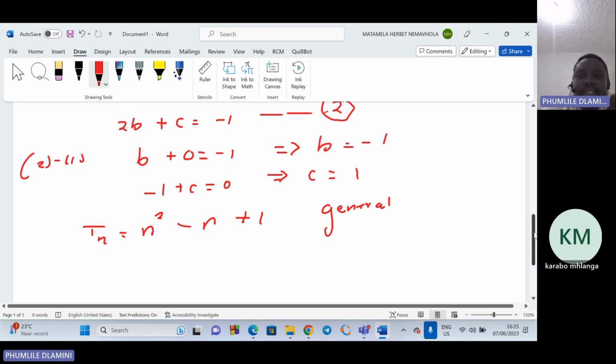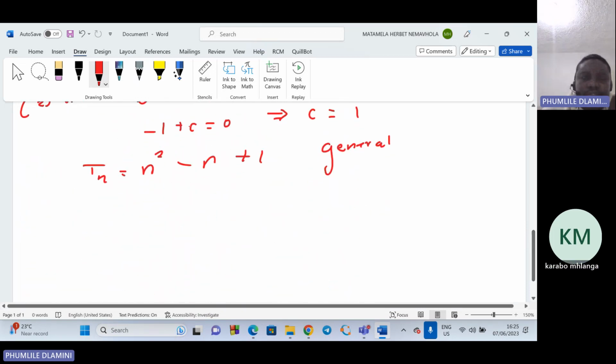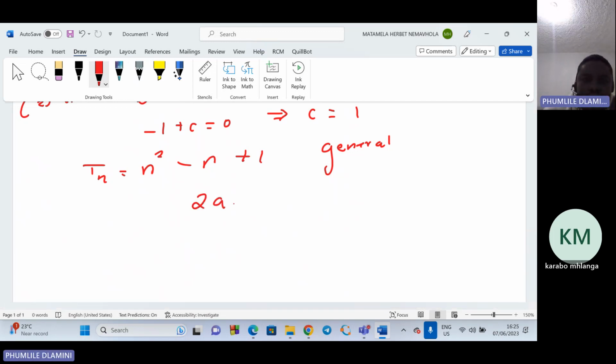You see how simple it is when you write down the first step. The first step that you do is 2a equals the second term.